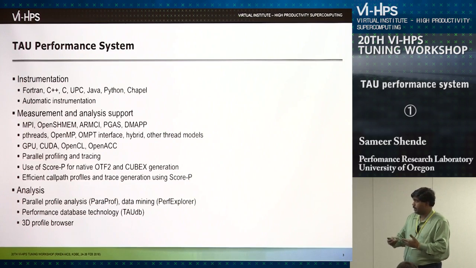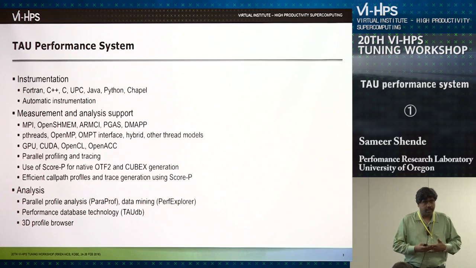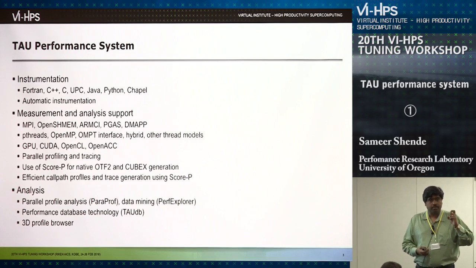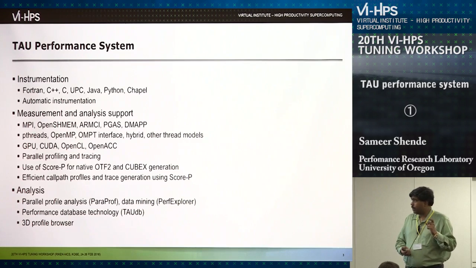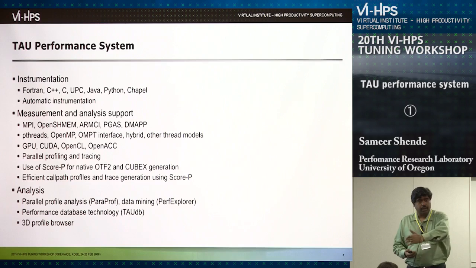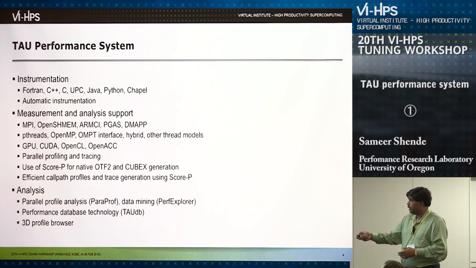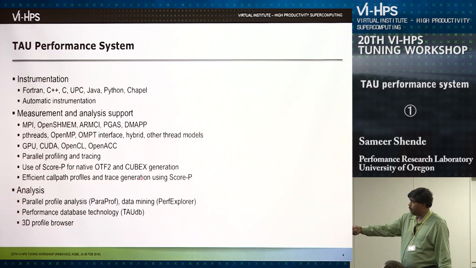And we have noticed that Score-P can produce very precise, compact information, and it works better than the legacy measurement library that Tau provides, especially for efficient call path generation. So that you should definitely check out. And then we have ParaProf and PerfExplorer tools that we'll show.